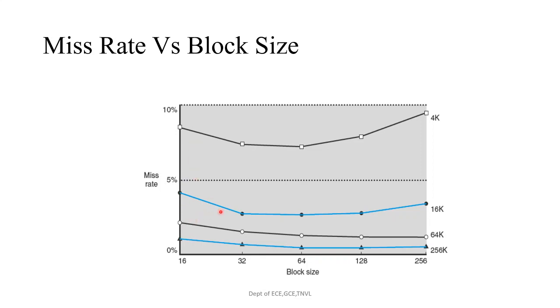The miss rate may go up eventually if the block size becomes a significant fraction of the cache size, because the number of blocks that can be held in the cache will become very small and there will be a great deal of competition for those blocks. As a result, a block will be bumped out of the cache before many of its words are accessed. Stated alternatively, spatial locality among the words in a block decreases with a very large block. Consequently, the benefits in the miss rate become smaller.